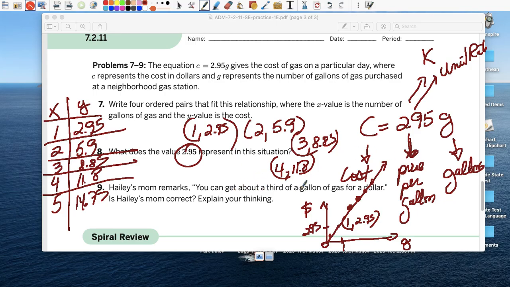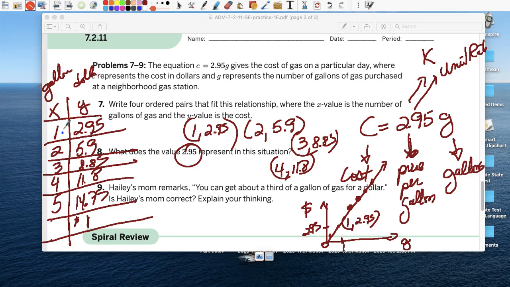You can get about 1/3 of a gallon of gas per dollar. So let me go the other way. This represents the gallons, and this represents the dollars. What if I had $1 only? I get to the station with $1 because I had no money, right? How much can I get in gallons? Can I get a full gallon? I can't. So can you get about 1/3? Well, what was the constant of proportionality?